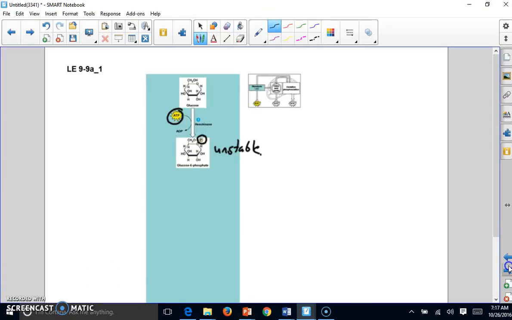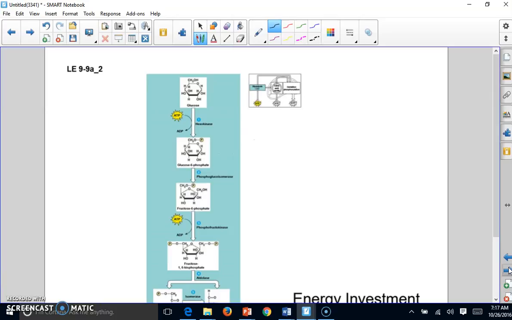Now, if we go to the next slide and take a look at the next step, we still have our phosphate group here. The next thing that happens is a rearrangement of the molecule. If you take a look, some atoms have moved around. All of this is done by an enzyme, phosphoglucoisomerase, if you want to say that 5 times fast.